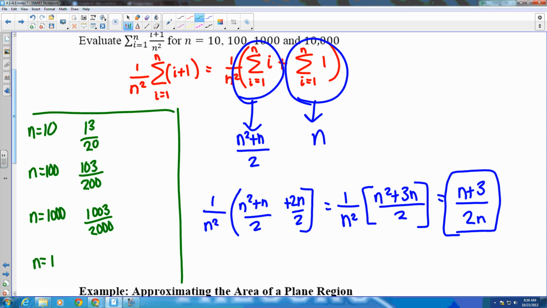And n is 10,000, that's 10,003 over 20,000. We could probably just leave it as those fractions.